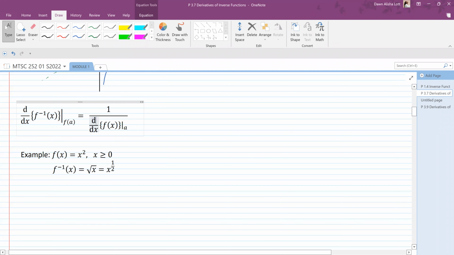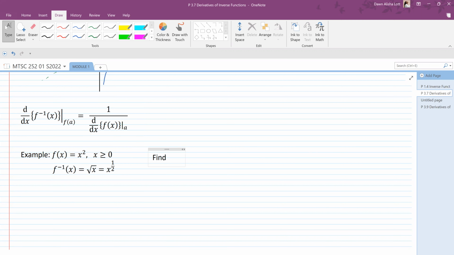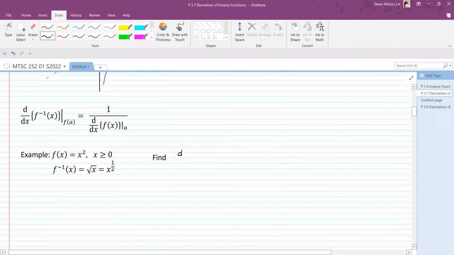So now what I want to do is find the derivative with respect to x at f inverse of 4.